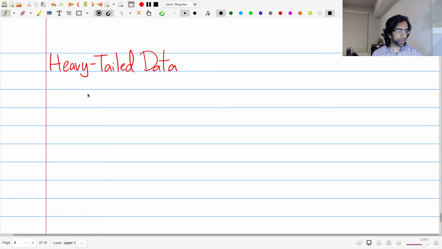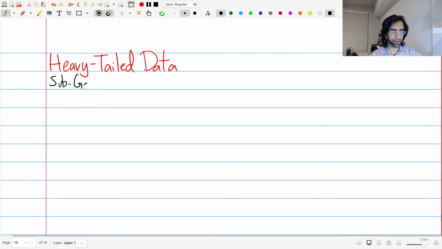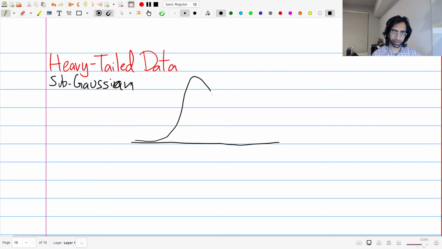So, first of all, like I said, we only have things for Gaussian data, but in fact, I claim that it actually works for sub-Gaussian data. So what is sub-Gaussian data? A sub-Gaussian distribution in particular is one where the tails die faster than a Gaussian. Just to draw you a picture, suppose this is a Gaussian distribution, looks something like this.